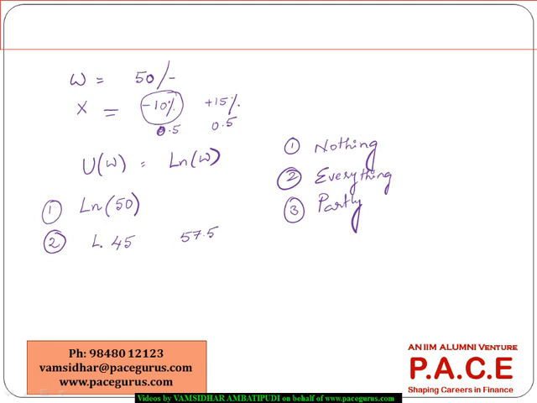So his utility could be either log 45 or log 57.5, and both of them have equal probabilities. So his expected utility after 1 year, if he is investing everything in X, is going to be something like this.